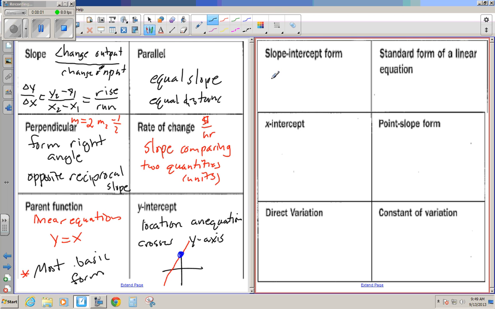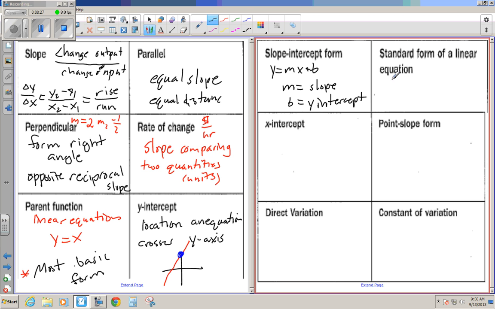Slope-intercept form: y equals mx plus b. So y equals mx plus b, where m is the slope and b is the y-intercept. It makes it very easy to graph.